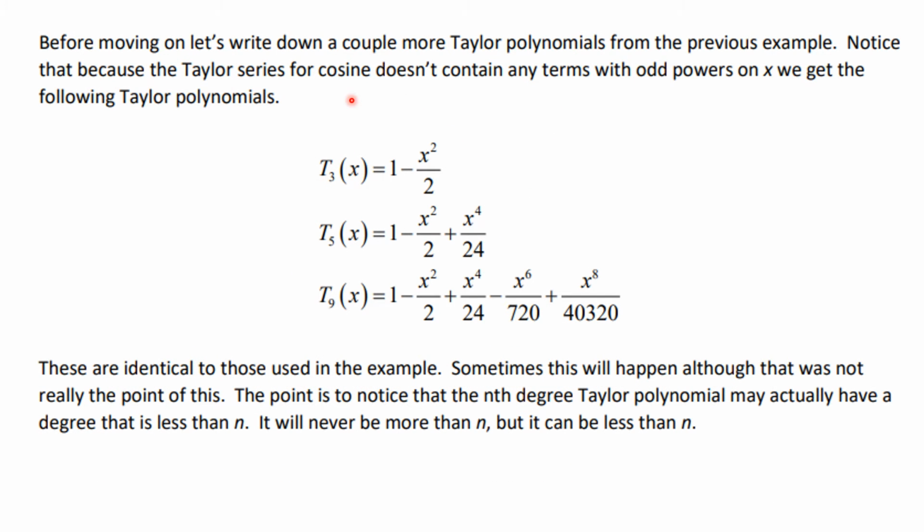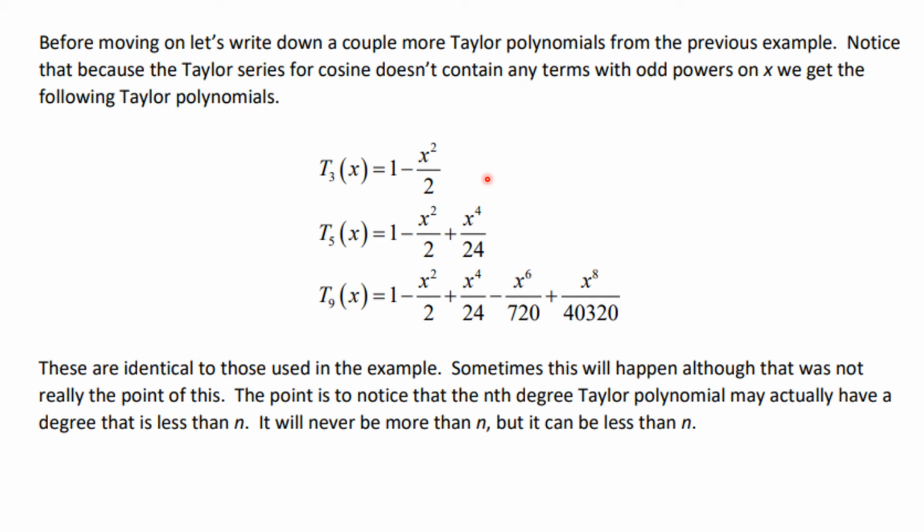Okay, so before moving on, let's write down some more Taylor polynomials from that example. I think actually we're taking T3, T5, and T9. Now notice that since we just pick up the even powers in this, we're not really changing anything when we increase the index of these polynomials by 1.